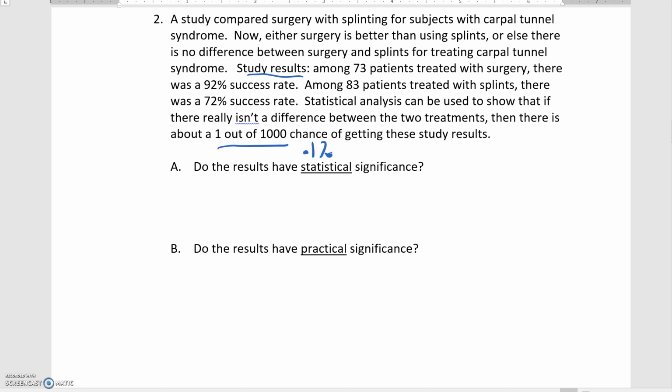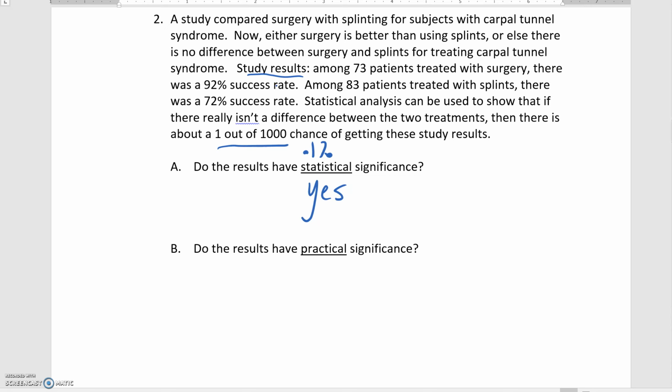So since the chance of these success rates happening just by chance is 0.1%, or very low, we do say there's statistical significance between the surgery and just the splinting, that these higher success rates are significant.